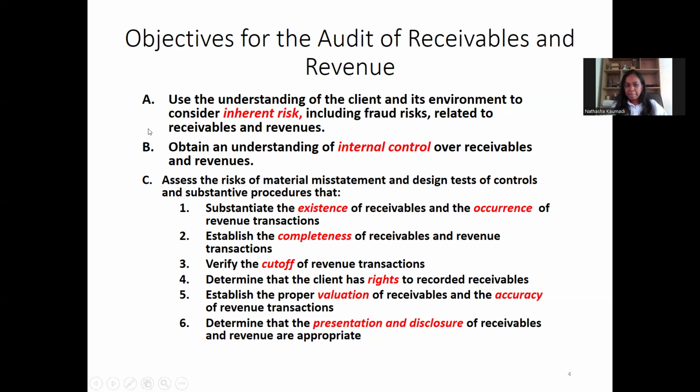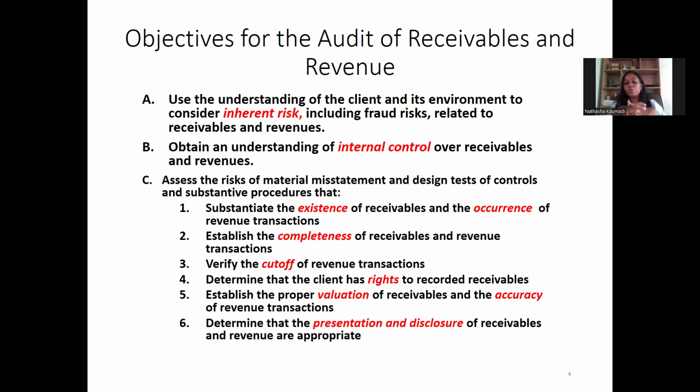Number A, use the understanding of the client and its environment. Why? To consider inherent risk, including fraud risks related to receivables and revenue. Before starting the audit procedures, what is the first thing you need to do? You have to understand the client and its environment.